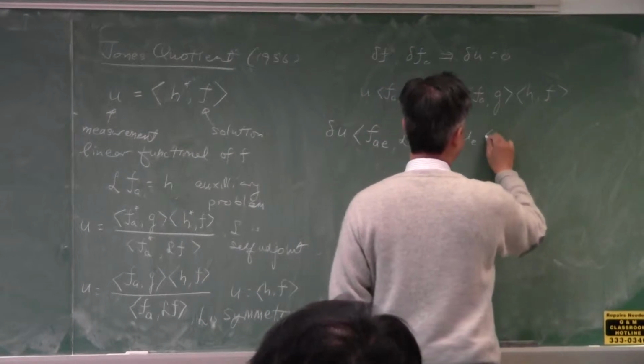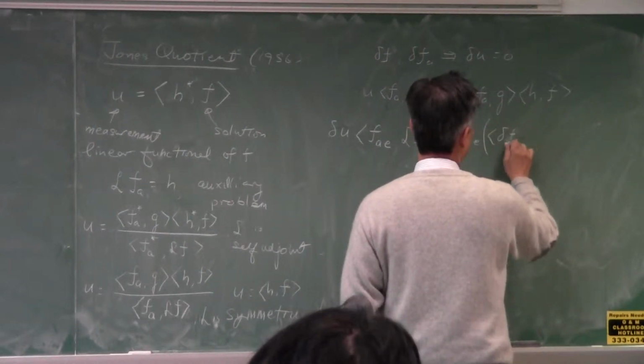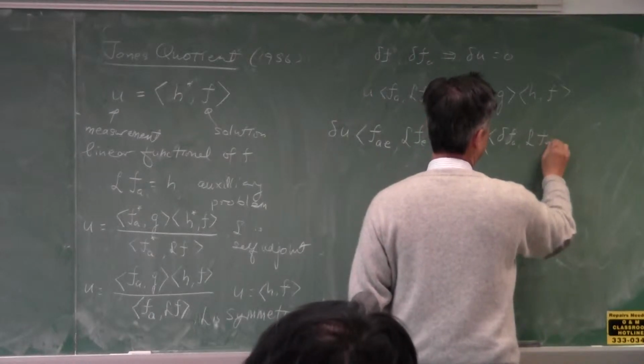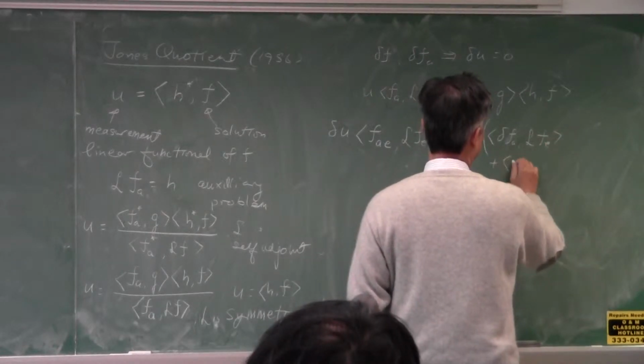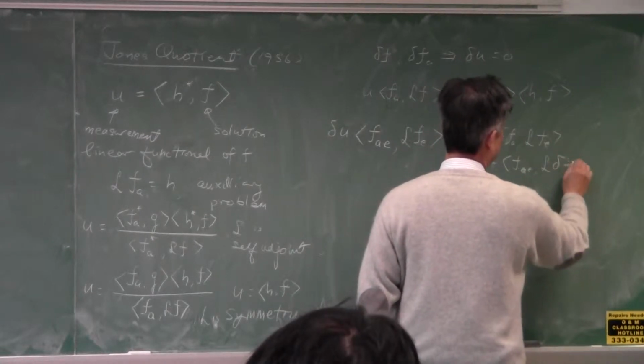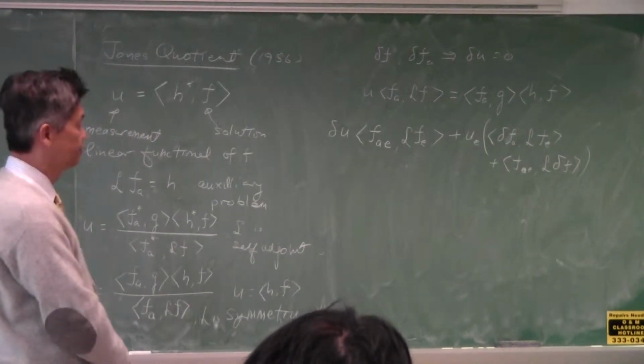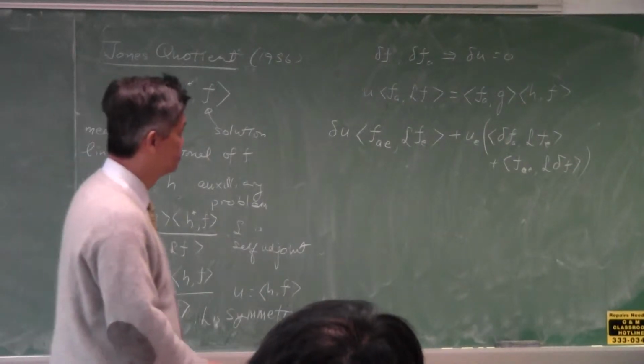Okay, I take the first variation, delta F, comma, FA, L F exact plus FA exact, L delta F. This is the first variation I get of the left-hand side.